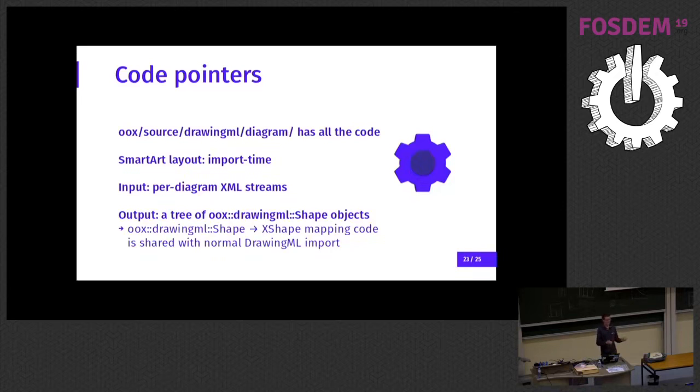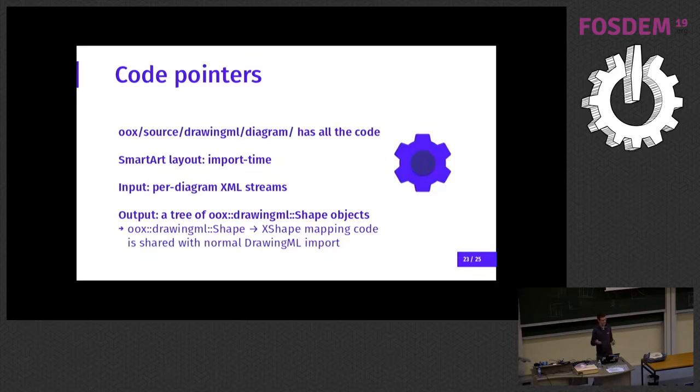So it's unlike Writer layout, where you open a document and actually edit it and see how the layout reacts to your keystrokes. This is an import time thing. And as mentioned, this is a two-step approach. First we parse the SmartArt markup, and we produce a tree of these DrawingML shape objects.